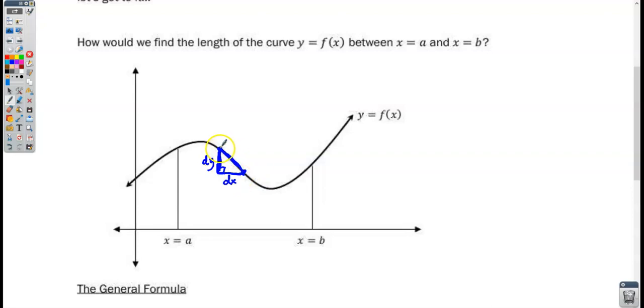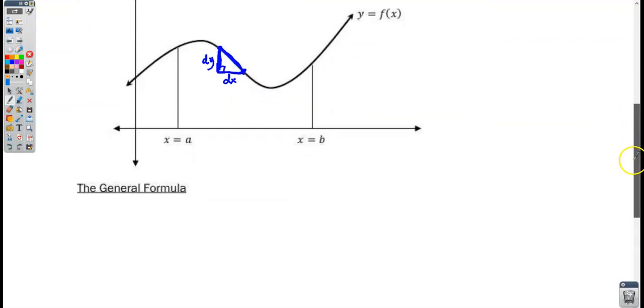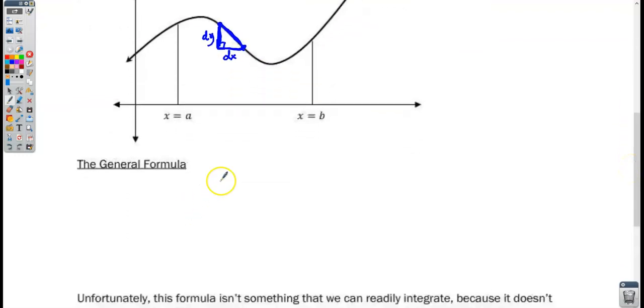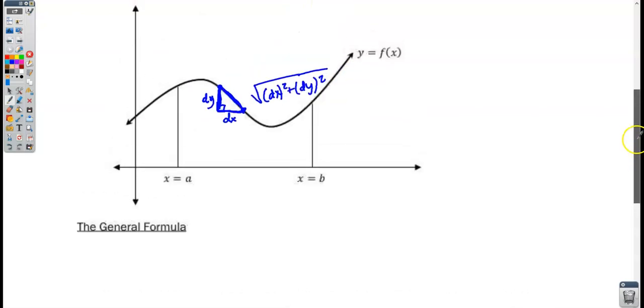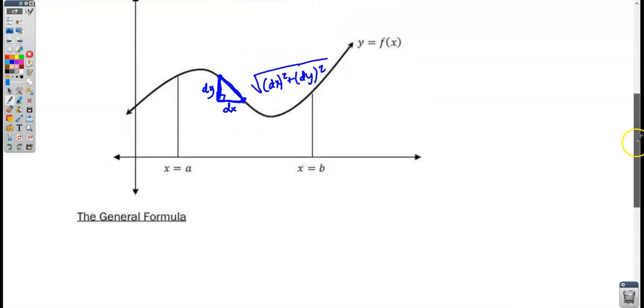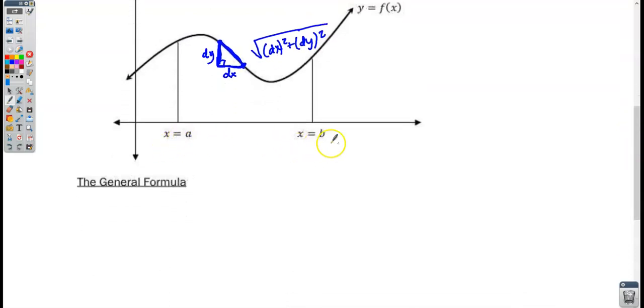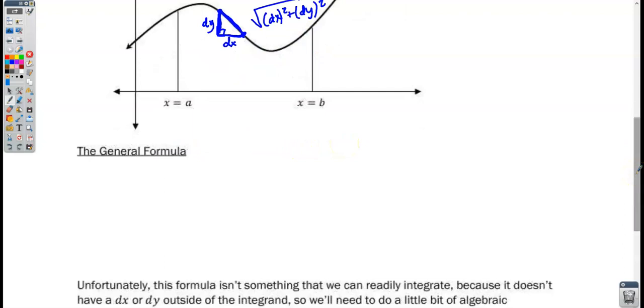And therefore, the length of this particular piece is going to be the square root of dx squared plus dy squared. Now, we have these x equals a and x equals b. So in general, we're trying to sum up all of these lengths from a to b.